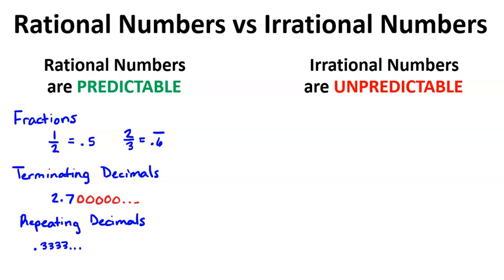I can guess that the next number is going to be a 3, and these dots tell me that these 3's are going to go on forever. Or I can write it as 0.3 with a line over the top, and this line tells me that this 3 is going to go on forever. So repeating decimals, as long as you see that pattern with the 3 dots, or you have this line above that tells you exactly what the pattern is going to be, they can be written either way.